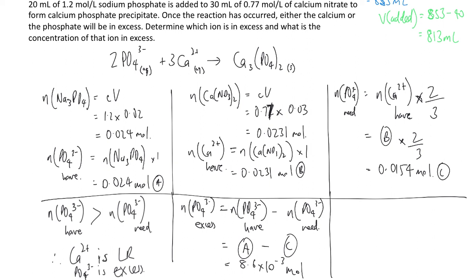Okay, so that's the number of moles of that ion in excess, and now the concentration. The concentration of those PO4 3- ions in excess will be equal to n on V. n will be 8.6 times 10 to the negative 3, and the volume will be the total volume, 0.05. You don't have to show that in a calculation, but you've got to get it right. Divide that by that, and that'll be 0.172 mole per liter in excess. Okay, and that's it. Hopefully that's helped. I'll see you in the next video. Adios.